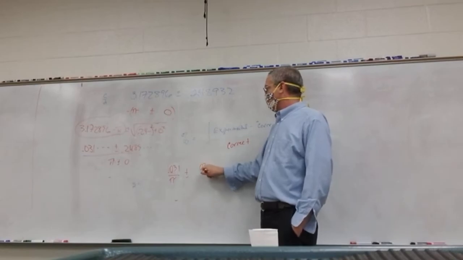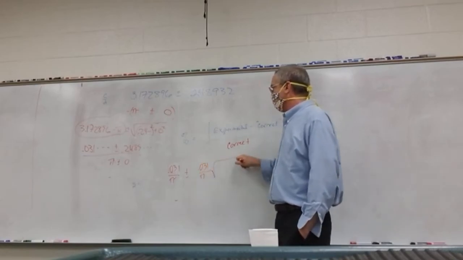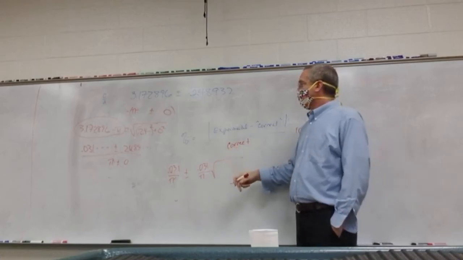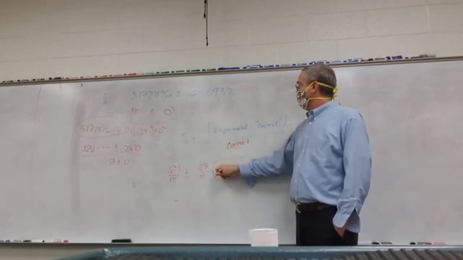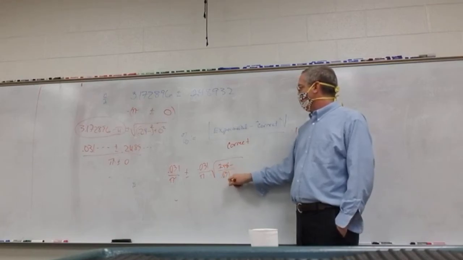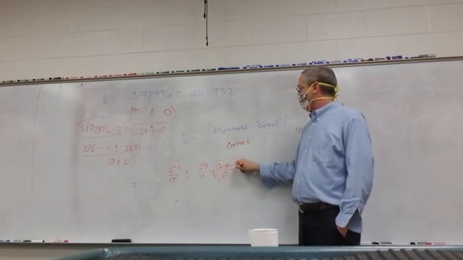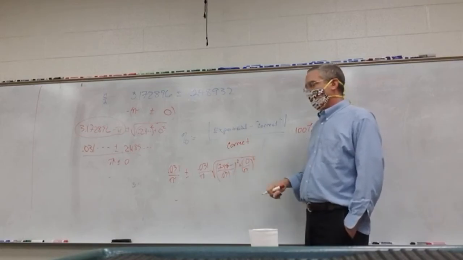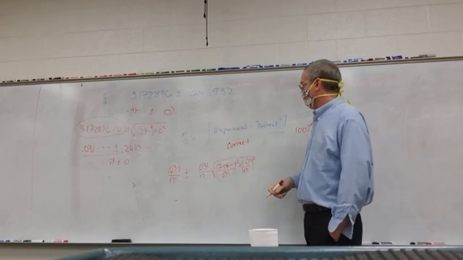Plus or minus 0.031 over pi times the square root of my relative uncertainties: 0.2489 whatever over the difference 0.031, squared, plus 0 over pi squared. I'm going about it the long way, but it still works.